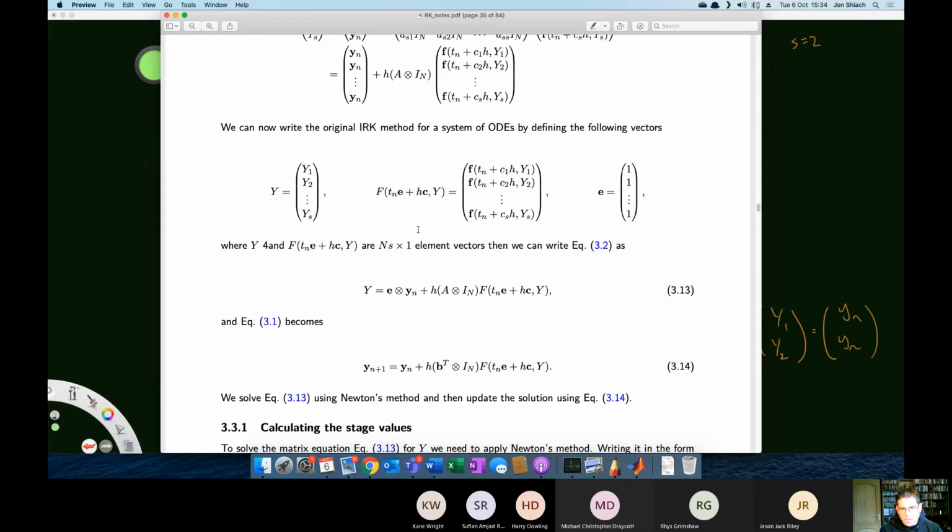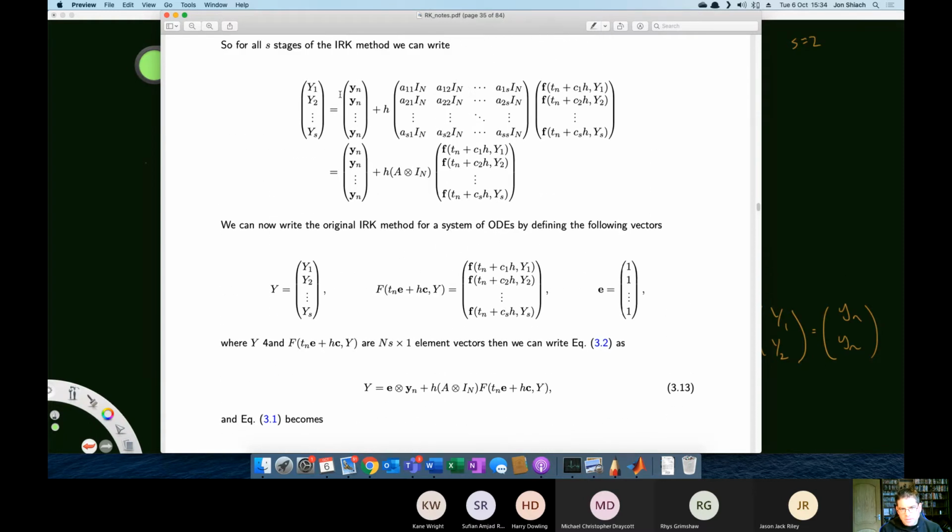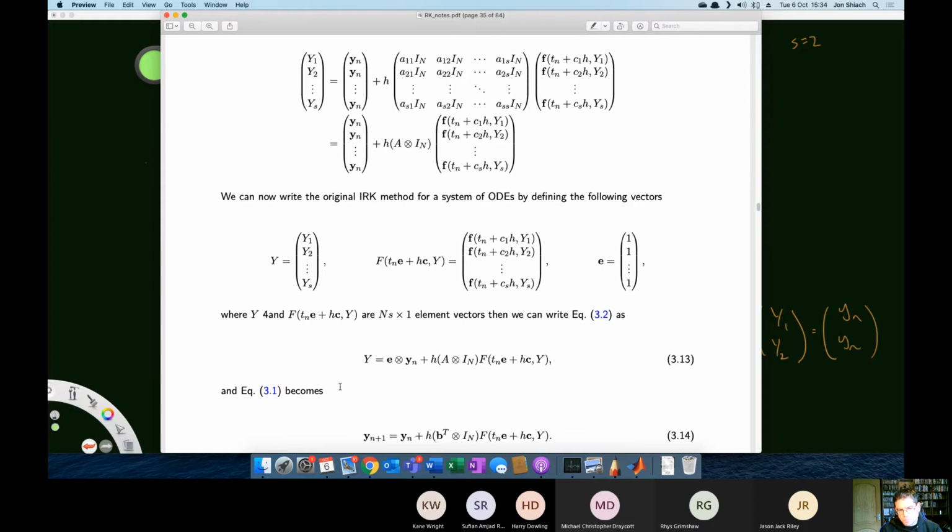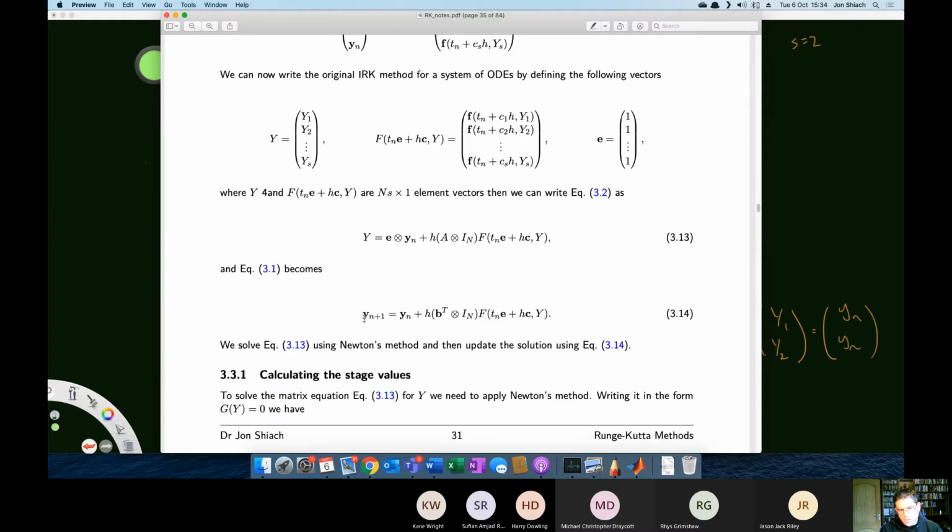Okay, so we can rewrite this equation as this. Our vector of ones multiplied by yn gives us this vector here. We've already seen where this comes from, and this vector we've got written there. So that's our stage value calculation, and this is how we update our solution.